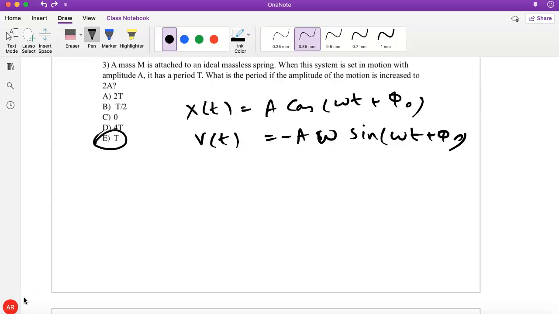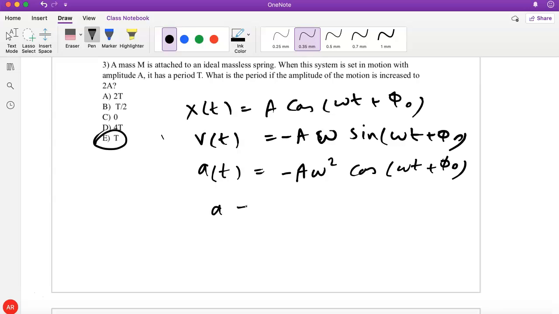And the acceleration is the next derivative, so a of t is minus a omega squared cosine of omega t plus phi naught. So the acceleration is minus omega squared times x.